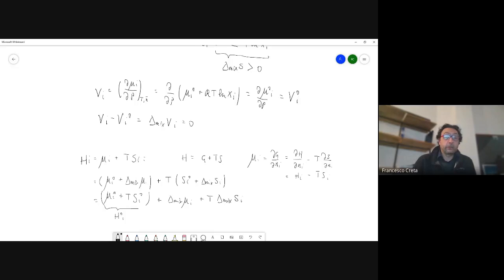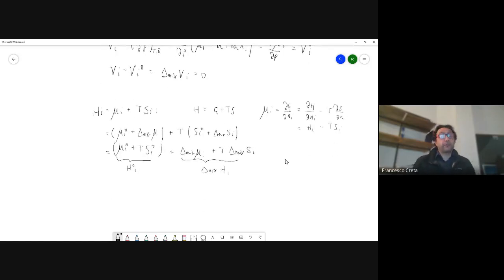And this is overall a mixing enthalpy. So if there is a variation of enthalpy of the system due to the addition of 1 mole of species i, well, if we write down this mixing enthalpy in full, the mixing chemical potential here is what we saw before, RT logarithm of x, and the mixing entropy is minus R logarithm of x times T, so you see it's exactly the same thing.